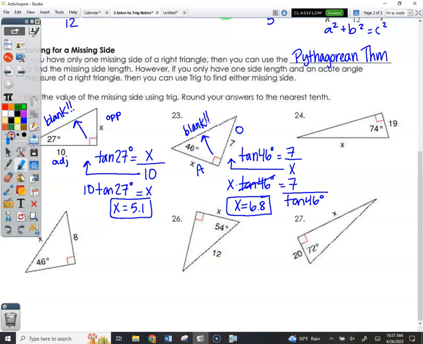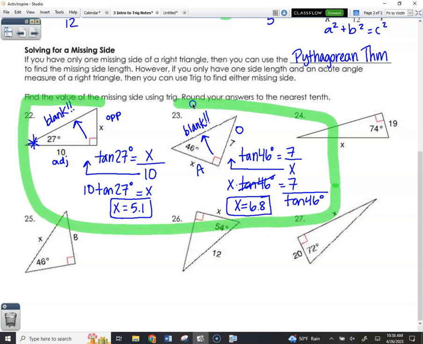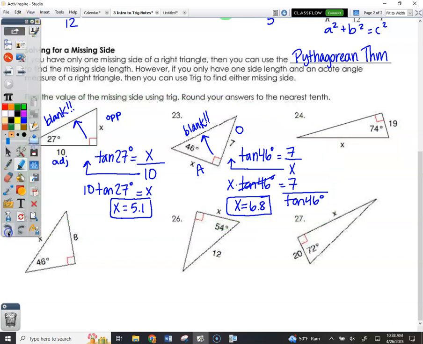I want you to understand that when we practice this, which is what we're about to do, there are only 2 scenarios of how your problem is going to set up. X is either in the top of the fraction or x is in the bottom of the fraction.